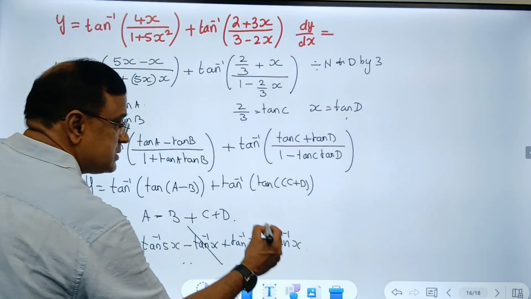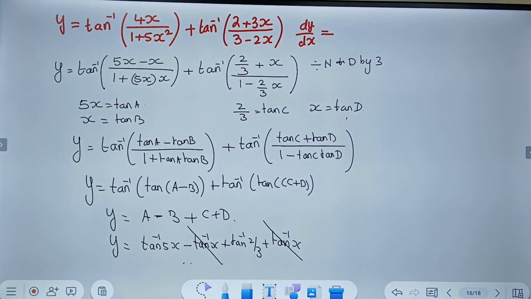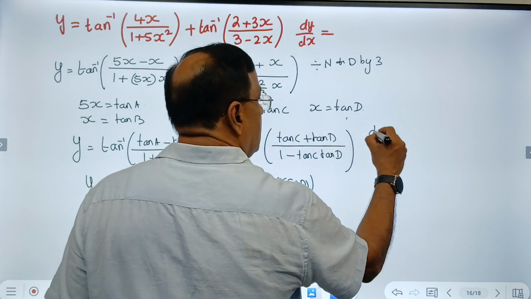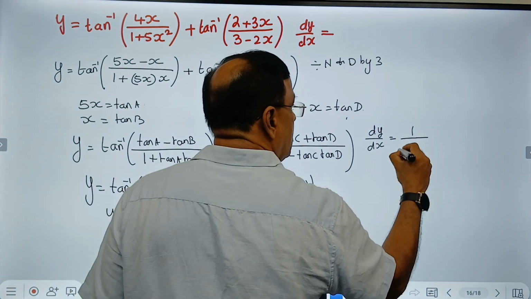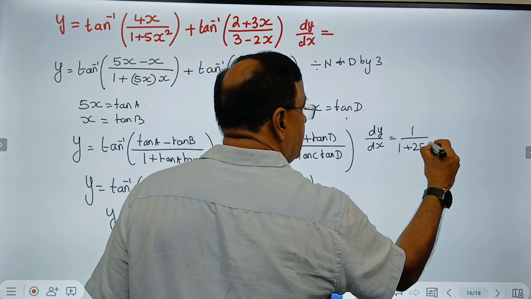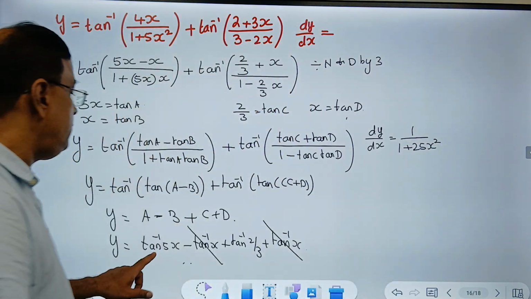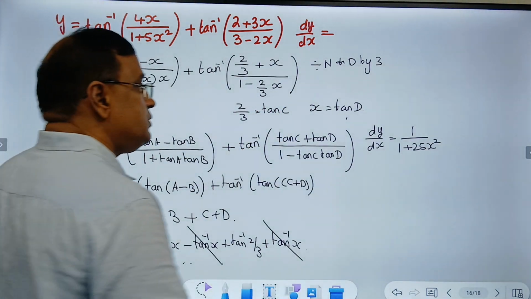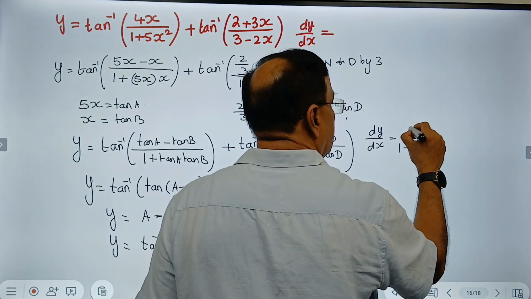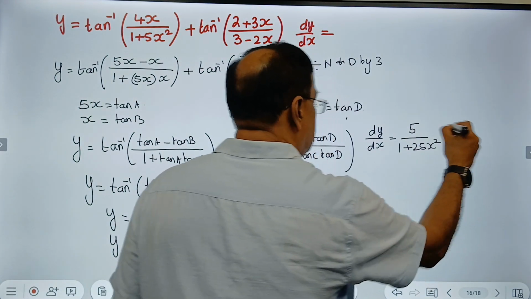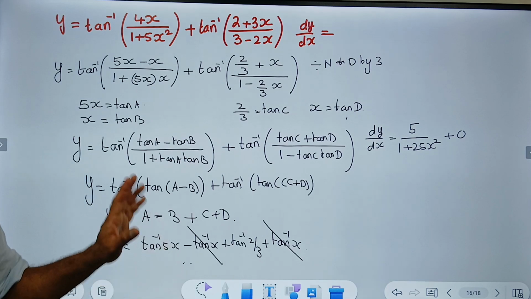Tan inverse of x, tan inverse of x gets cancelled. Now differentiate. dy by dx is tan inverse is 1 by 1 plus 25x square. Correct? 25x square. And differentiation of 5x is 5. Plus 0. Because tan inverse of 2 by 3 is a constant.